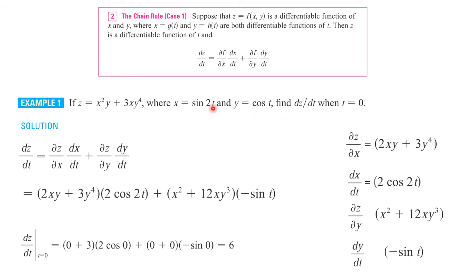When we put t as 0, we'll get x equal to 0, and y equal to 1. So x is 0, y is equal to 1, and t is equal to 0. Put all the values in this equation and we'll get our final answer as 6 after simplification.